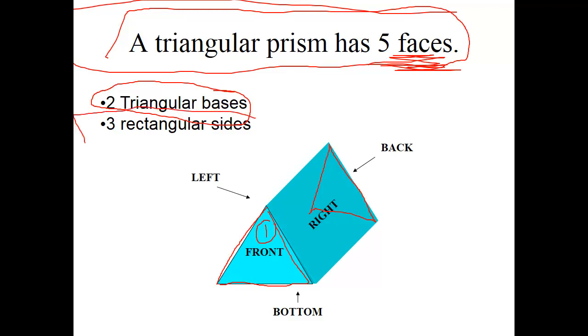Where are the rectangular sides? This is 1, this is 2, one in the back, and we have 1 in the bottom. It's called the bottom base or bottom side. So we have 3 rectangular sides.